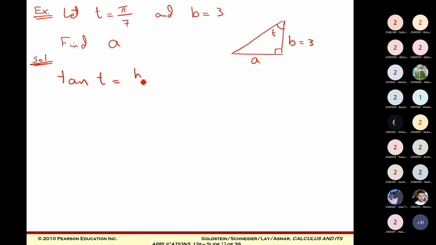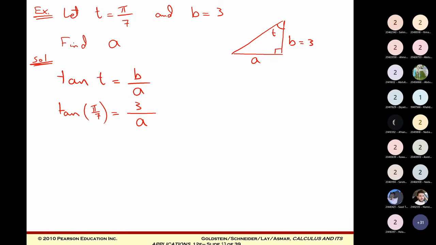B over A. This is the adjacent of what? Of t. This is the opposite of t. Okay? So be careful. The adjacent of t is B, and the opposite of t is A. So now tan of t is given, t is pi over 7. Also B is given, 3. Now we need to find the value of A.